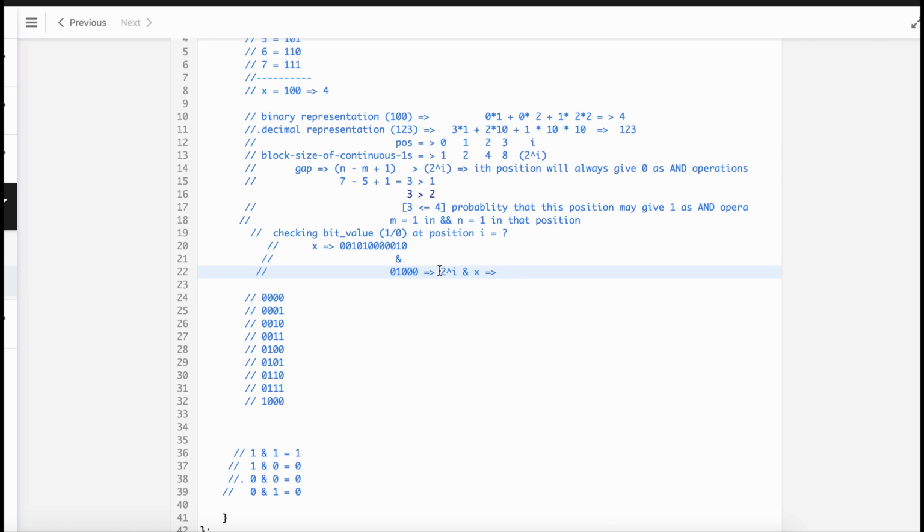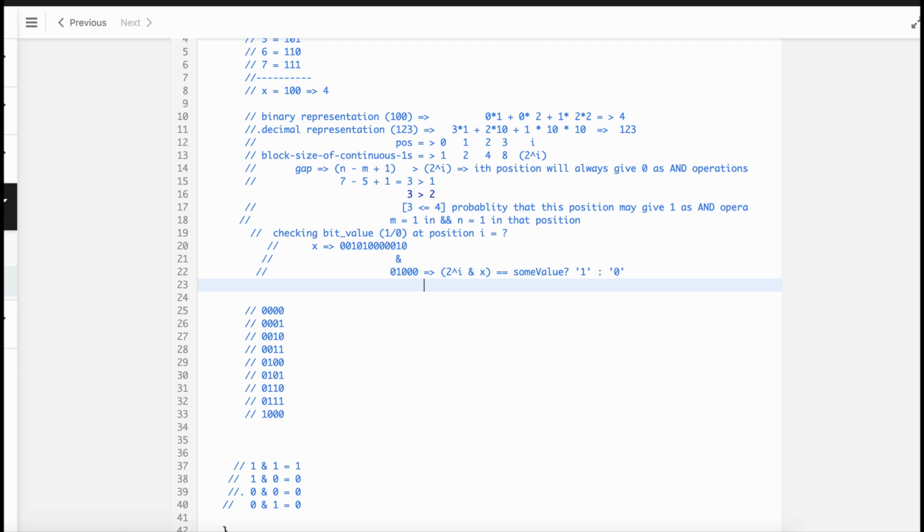If this gives some value, then we say it has 1 in this position, otherwise we say it has 0 in the particular position. So in this way we will identify.